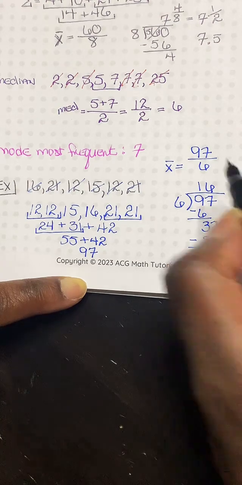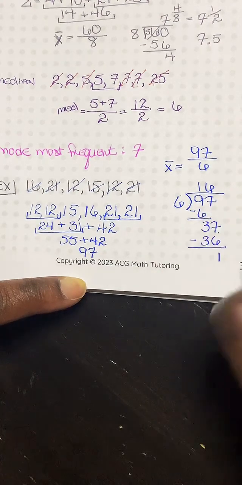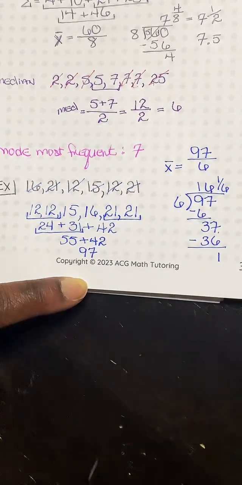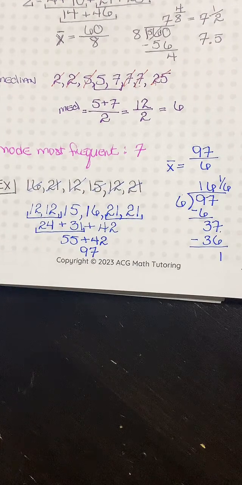So we can say your mean is 16 and 1/6. If you want to put on the decimals, you can put on the decimal and add a 0. But eventually, you're just going to keep going on. Okay, so that was your mean.